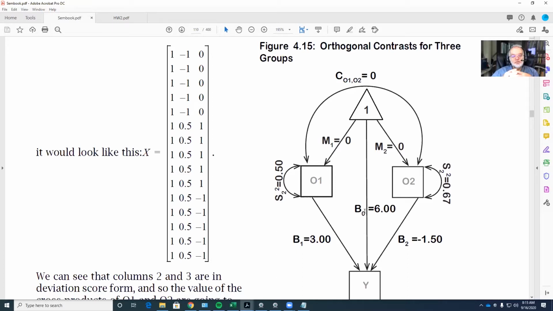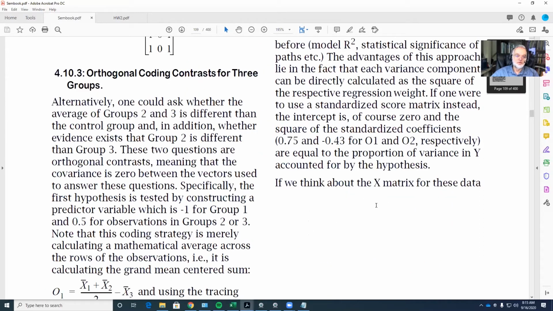That's true, because I'm showing you the matrix algebra for doing a regression. If you're using X prime X inverse X prime Y, the matrix algebra for a full path diagram is going to have the column of ones in there. But we don't have the math yet to say my X matrix has a column of ones and these other codes for each of the means, because in path diagram work, it's going to go through a different set of machinery to give you not only the means of the three groups, but also the means of the predictor variables, which in this case is 1/3.